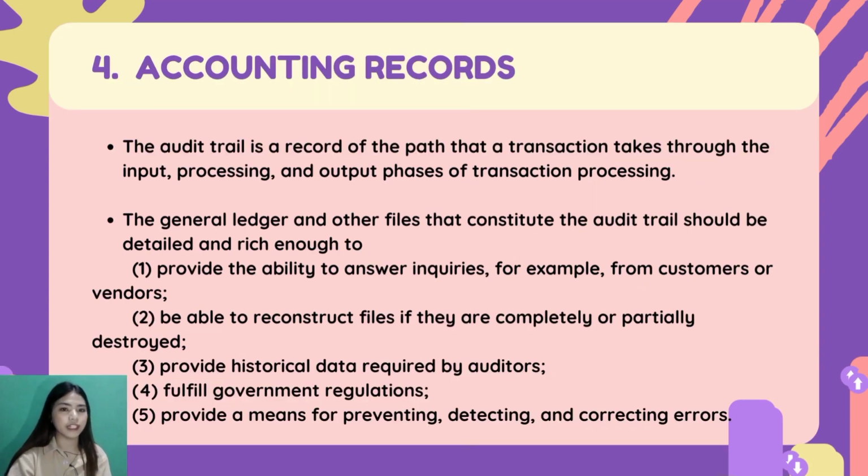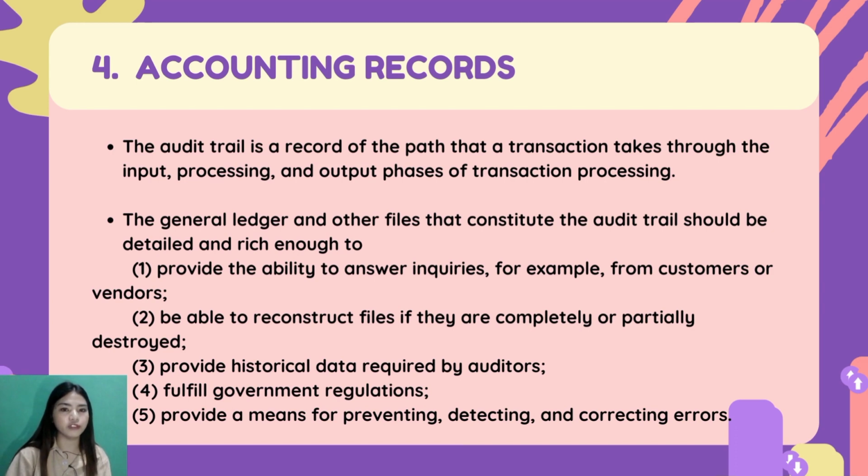Next is the accounting records. So the audit trail is a record of the path that a transaction takes through the input, processing, and output phases of transaction processing. So we have encountered this in the potential risk to the FRS.